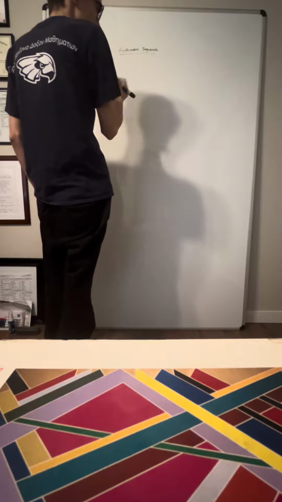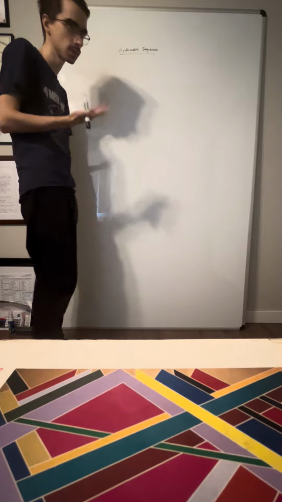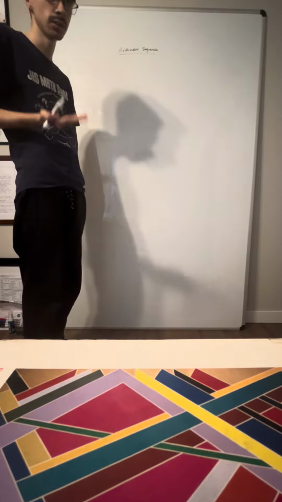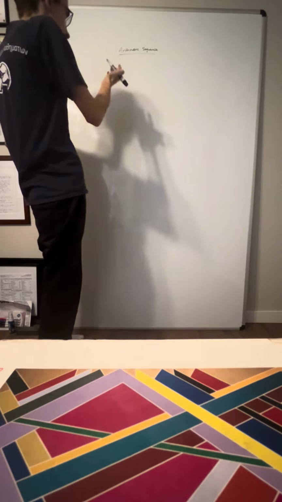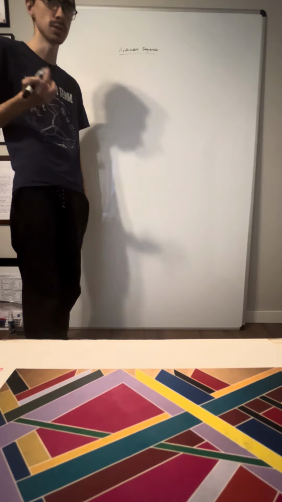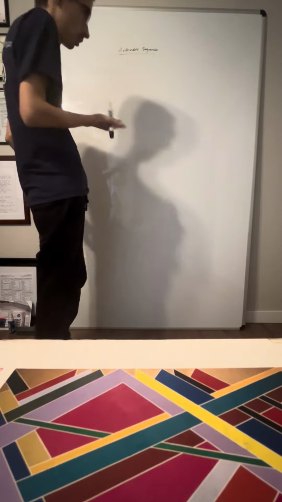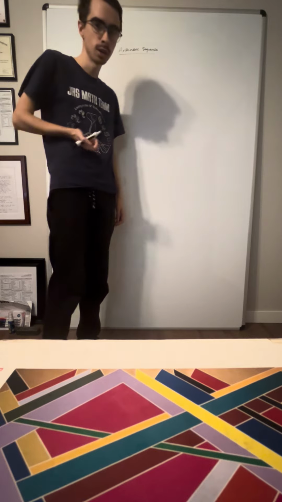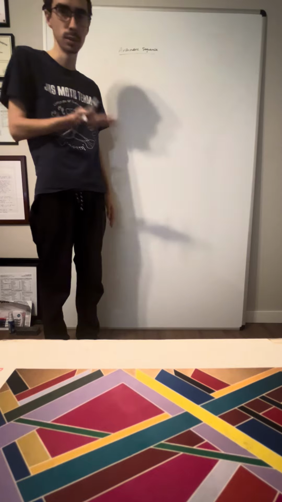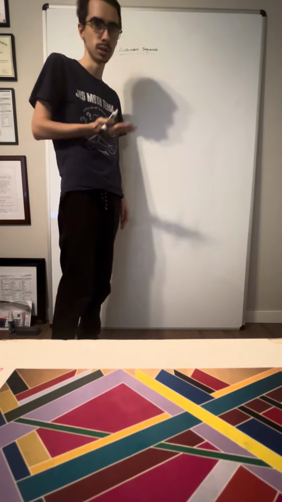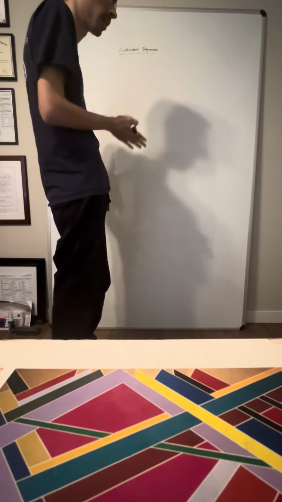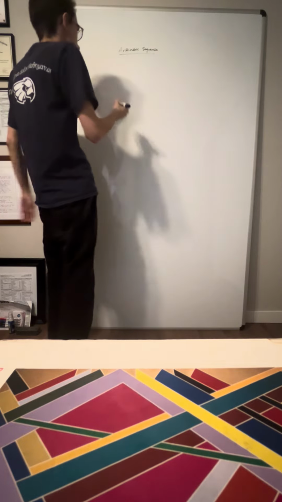Well, this would be a sequence just like if you have a geometric sequence, except this time instead of multiplying by a common ratio for each term, we're actually going to be adding the same amount to each term that comes next in the sequence.